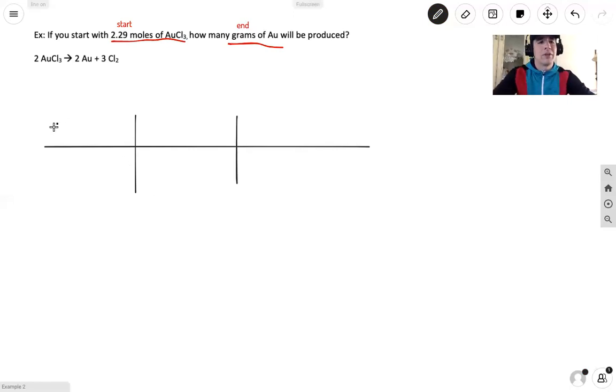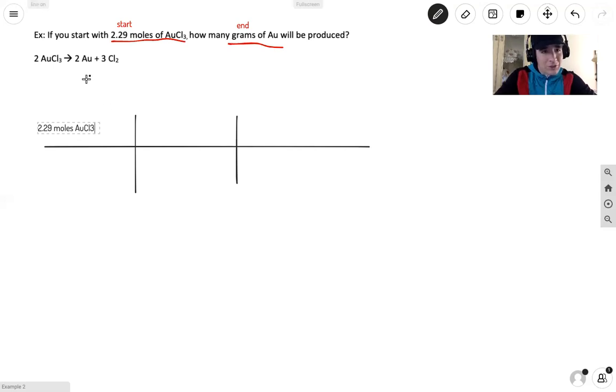So we are going to start with 2.29 moles of gold trichloride, and we're going to grams of gold. So I need to cancel out moles of gold trichloride. So I'm going to put moles of gold trichloride down here. And if I'm going to put moles of gold trichloride down here, I know I'm going to cross over to something else. So I might as well make that bridge right now at the very beginning.